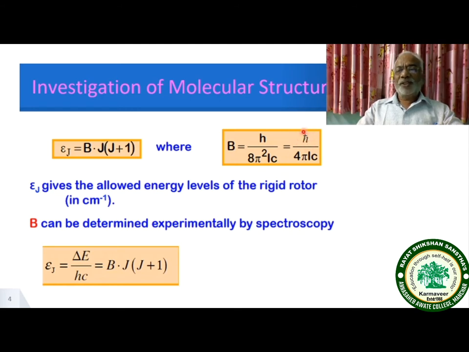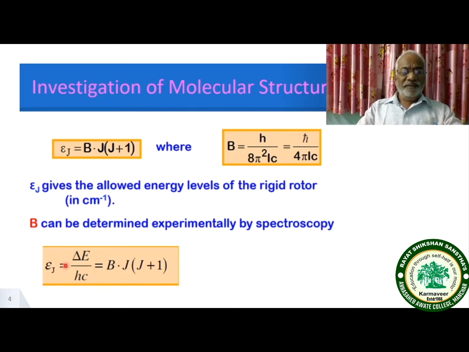So if we replace this h cross by h upon 2 pi, we get the same equation, that is h upon 8 pi square I into C. So in some reference books we find the rotational constant is represented by h cross upon 4 pi I C, while in some books it is h upon 8 pi square I C. Both give us the same value for the given diatomic molecule, known as the rotational constant in centimeter inverse, and can be obtained by dividing the energy by hc.